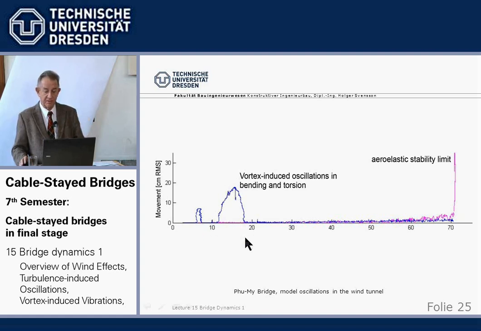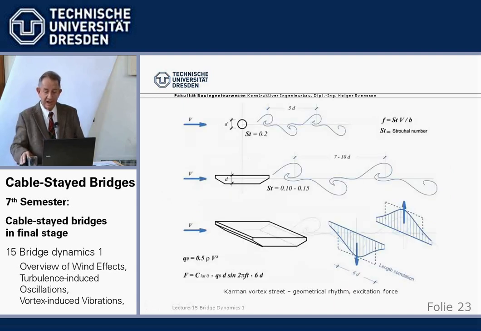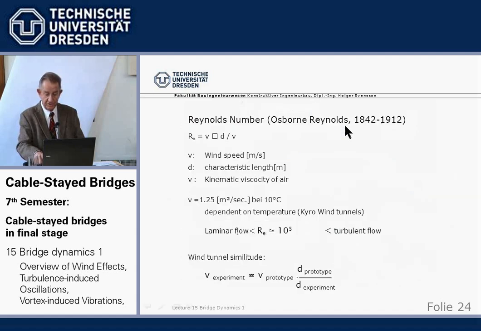So we have rather big movements, and much further on we then come to aeroelastic flutter or torsional galloping. Now, this not always shows up in reality, and that has to do with the so-called Reynolds number.